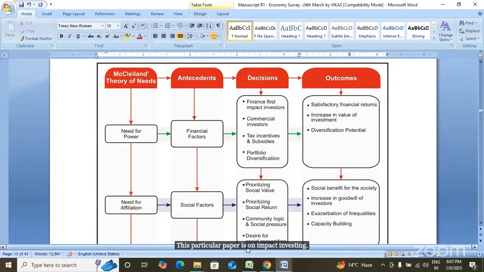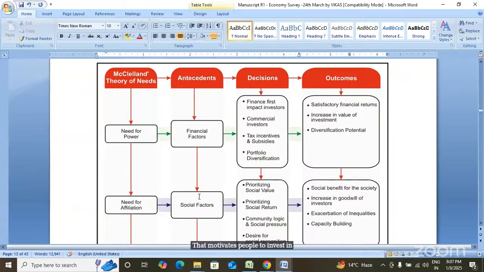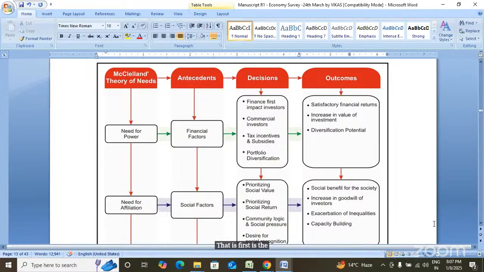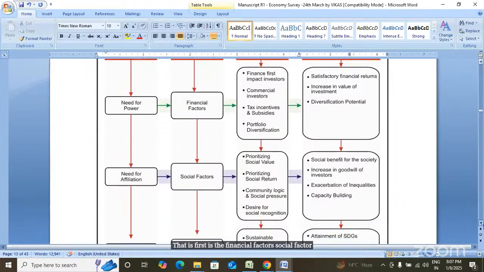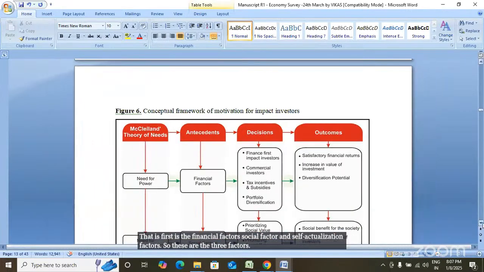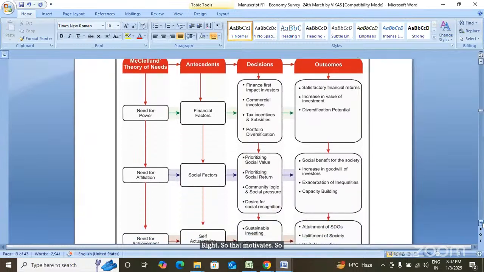In antecedents, what we have written are the factors that motivate people to invest in impact investing. The factors I have mentioned are the financial factor, social factor, and self-actualization factor. These three factors motivate, so that is your antecedents.